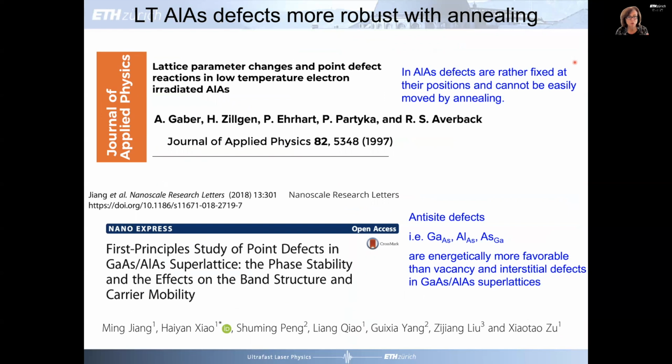And the good news, also from a more recent theoretical prediction, is that in the gallium arsenide, aluminum arsenide superlattice, they found that it is energetically more favorable to get more anti-site defects than the vacancy and interstitial defects, which are not so good for saturable absorbers. So we were just lucky, which was confirmed later on.